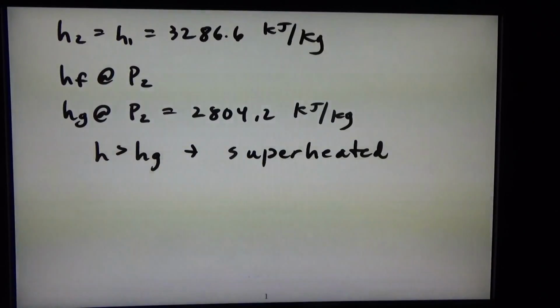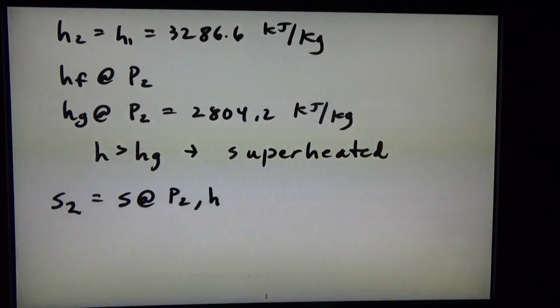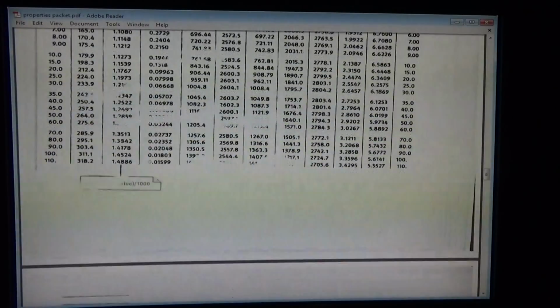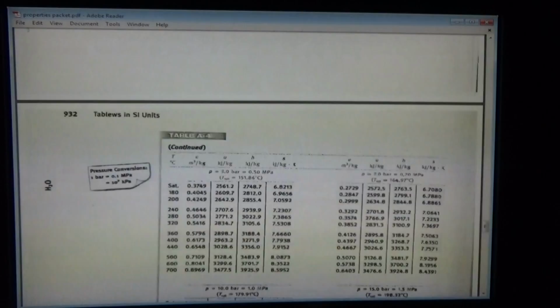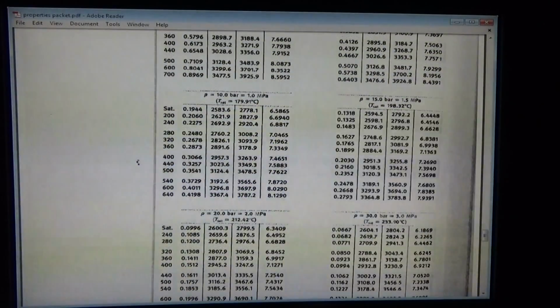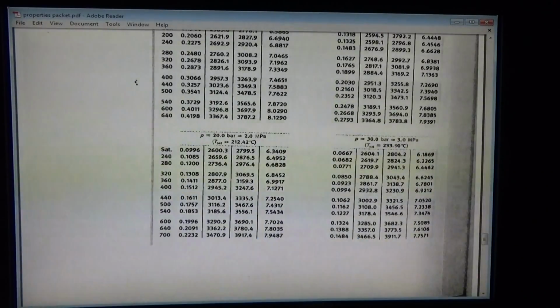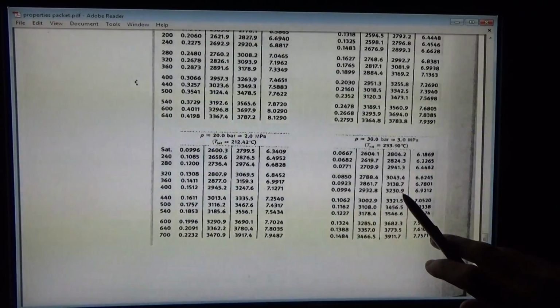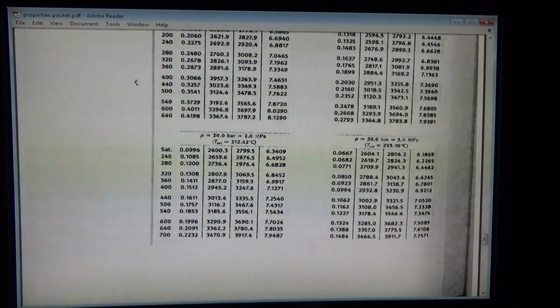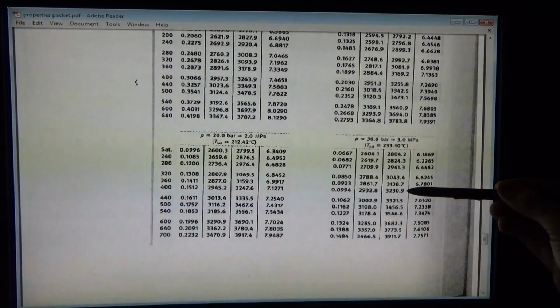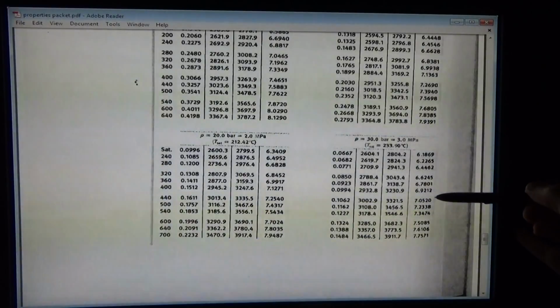So to find out S2, we need to get S at a value of P2 and H2. So we go to the 30 bar superheated table, back down in table A4 at 30 bar. This time our subtable is here, 30 bar. We try to bracket our value of 3286.6 for H. These two numbers bracket 3286.6, so we're going to interpolate between them on the entropy.